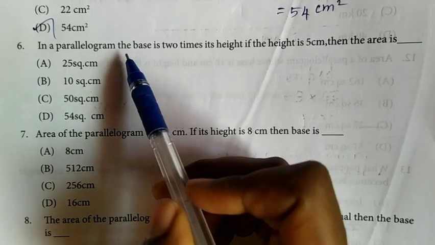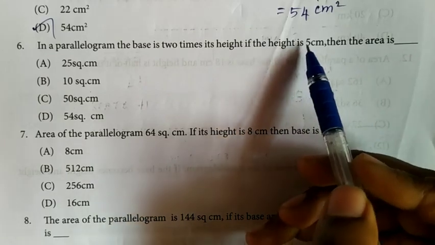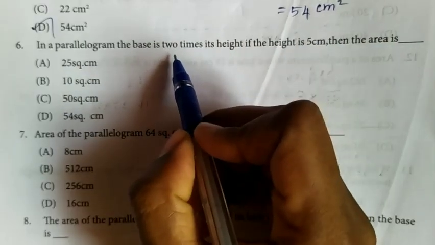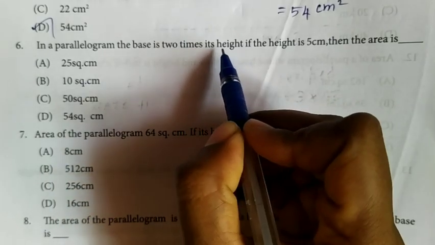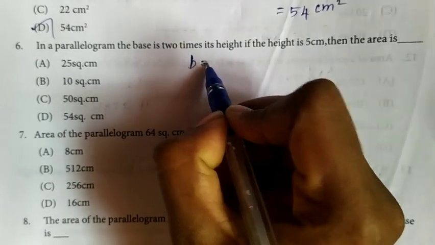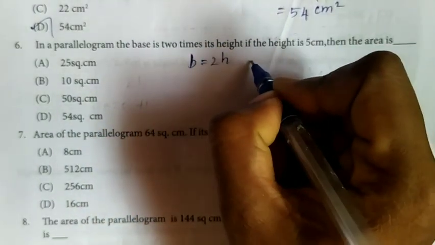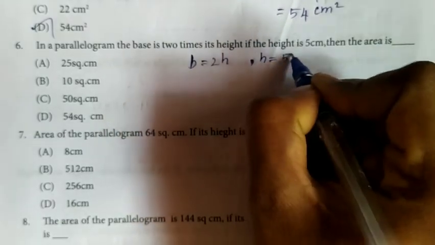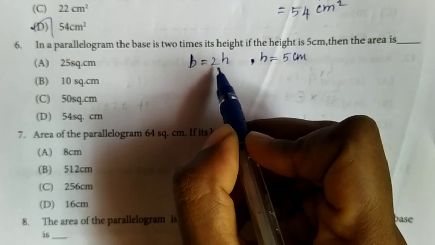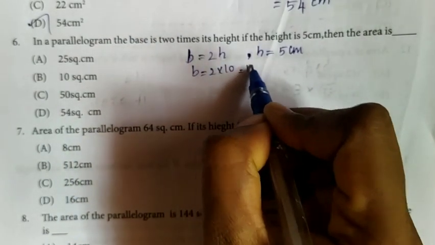Sixth question: in a parallelogram, the base is 2 times its height. If the height is 5 centimeter, then the area is what? See, in the question they gave base is 2 times its height. So b equal to 2 into h. Then they gave height as 5 centimeter. Substitute the value 5 here, so we get b equal to 2 into 5, that is 10 centimeter.